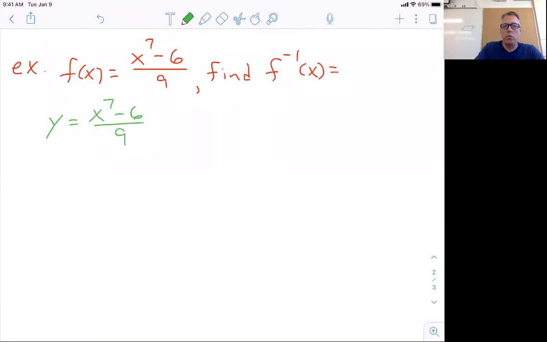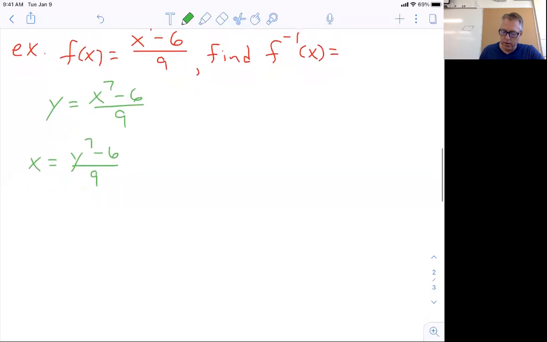Switch the x's and y's. So I get x equals y to the 7th minus 6 over 9. And then I have to solve that for y.